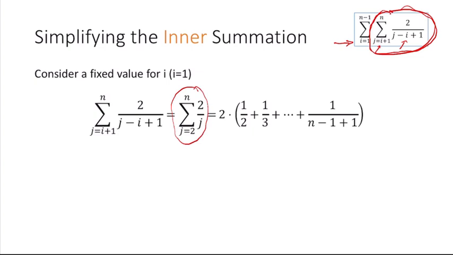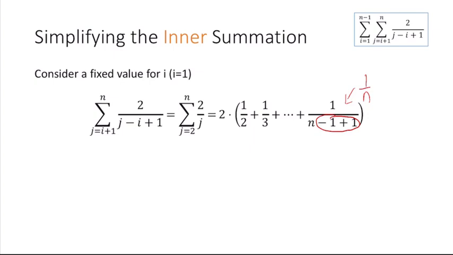And if you look at that, it's 2. I can just move the 2 outside the summation. It's 2 times 1/2 plus 1/3 plus all the way up to the upper bound, which is plugging an n in here, so it's 1 over n, because you get the plus 1 and the minus 1. So that's it, 2 times that series.